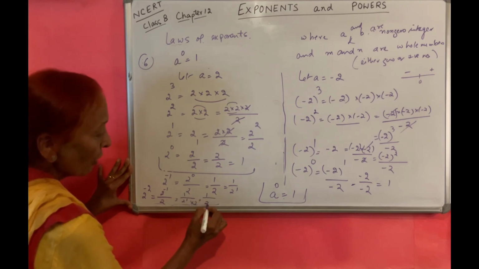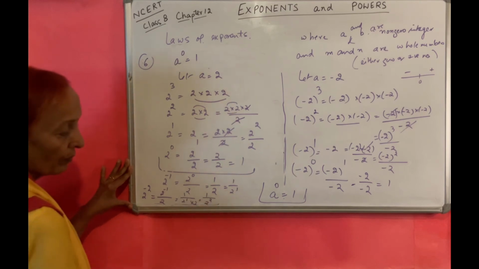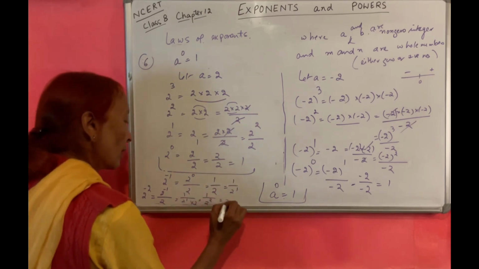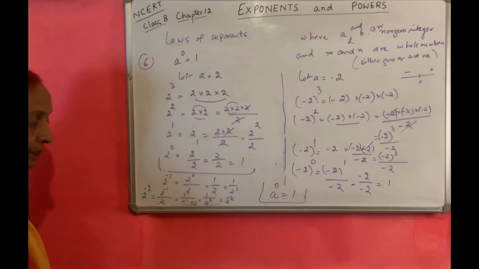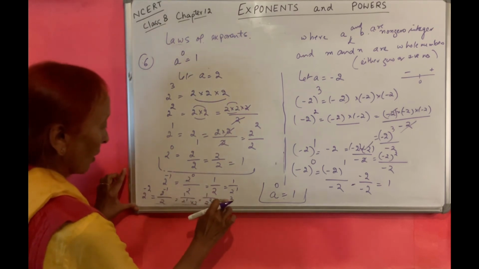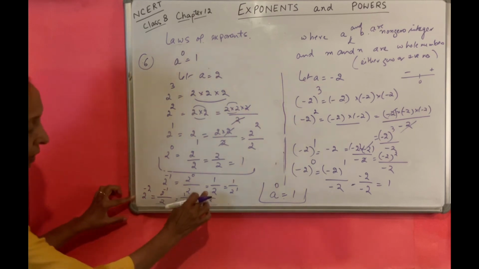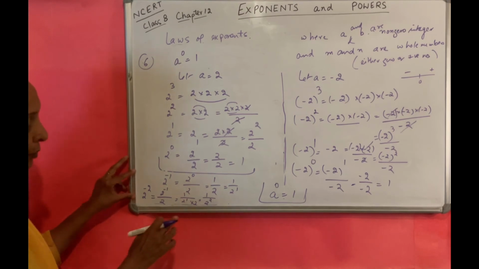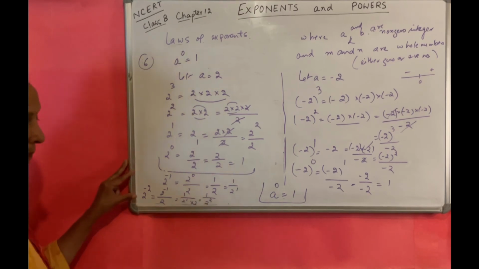So this is 2 raised to power 1 plus 1, 2. So this is 2 raised to power minus 2. So this is 1 upon 2 raised to power 2, means 2 raised to power minus 2 is the reciprocal of 2 raised to power 2.